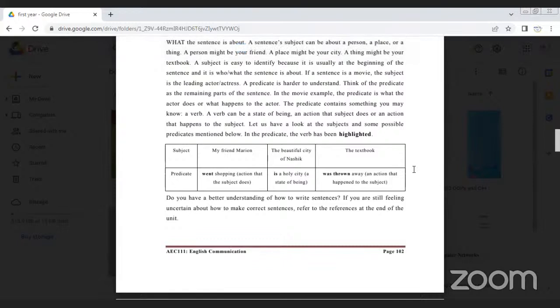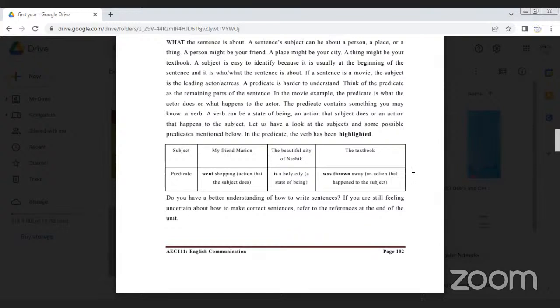The beautiful city of Nashik is a holy city. Here in this sentence, the beautiful city of Nashik is a subject and is a holy city is a predicate.